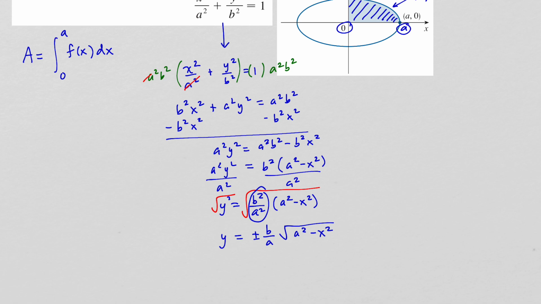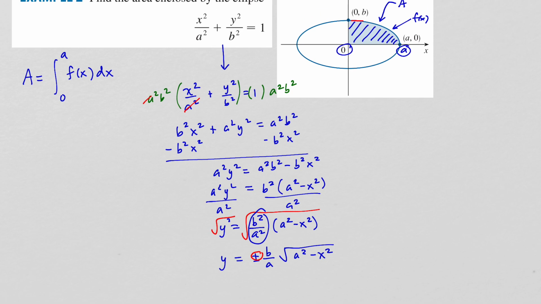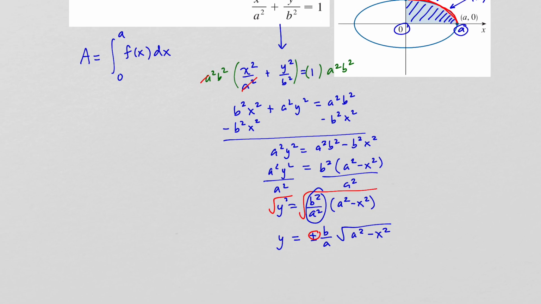And we're only going to take the plus side of that because the plus represents the function above the x-axis. The minus would represent the function down here. So our function f of x over here that we're going to put in the integral is b over a times the square root of a squared minus x squared.